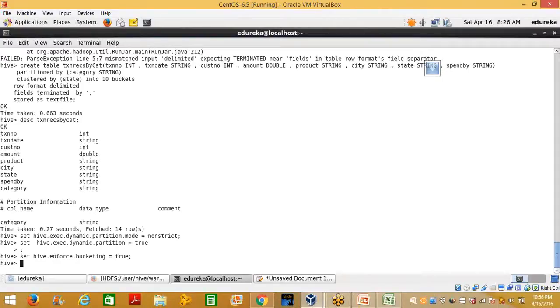There's no compulsion to fire the where clause on those partitioning tables. That is the first thing. And the second thing is that I'm also specifying dynamic partitioning is equal to true. Obviously, I am invoking your partitioning mode to be active.